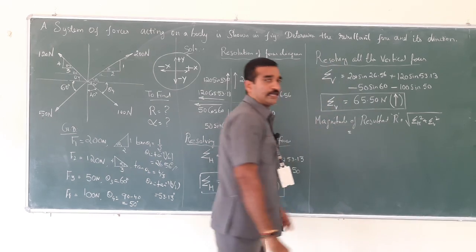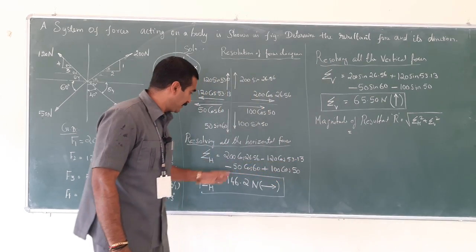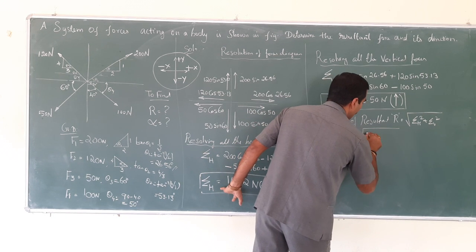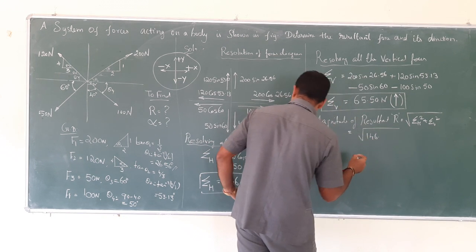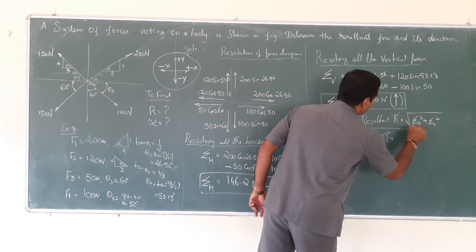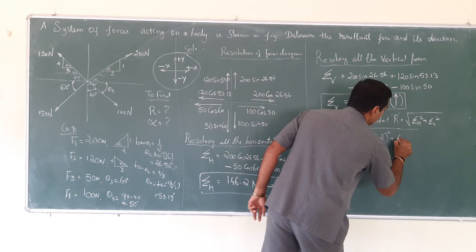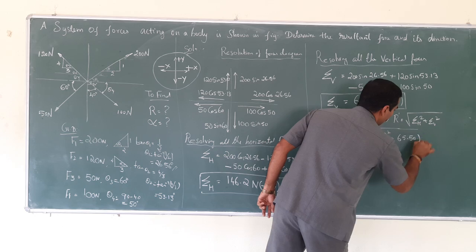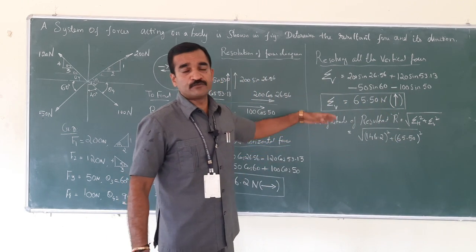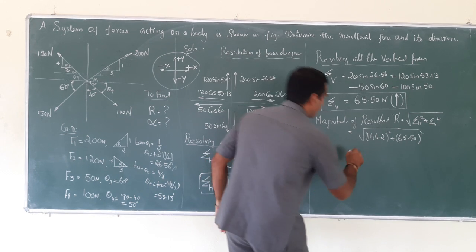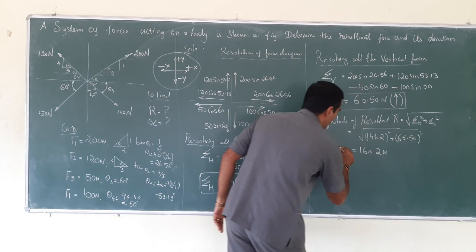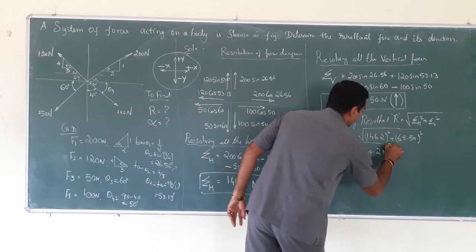Now substitute the values already arrived: root of 146.2 square plus 65.50 square. If you feed these values in your calculator, you will get 160.2 Newton. So the R value is 160.2 Newton.